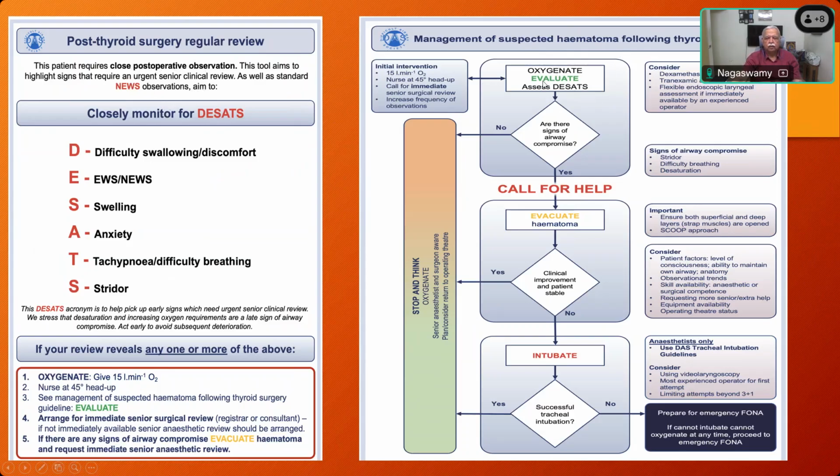So this is the flow chart or guideline that can sometimes be asked in your exam. Nowadays they are asking from all the journals, and the questions are coming. This is the flow chart for management of suspected hematoma following thyroid surgery that you have to remember.